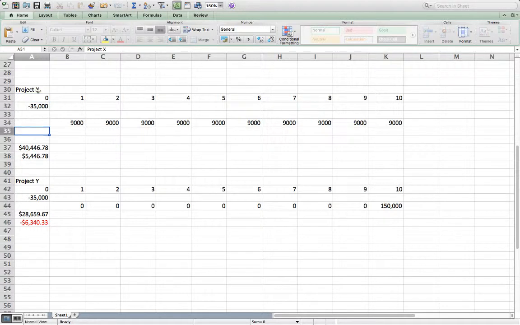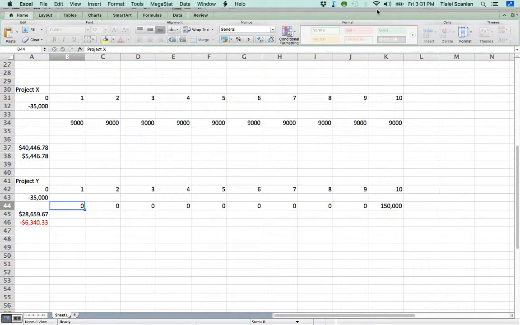So when you look at your calculator, now if I don't want to do Excel, I can just do my calculator. Year 1, I have 35,000. And then 1 through 10, I have 10 years of 9,000. Over here, my cash flows are laid out for me too, so that'll help me with the calculator.